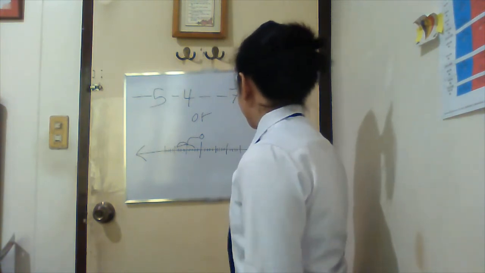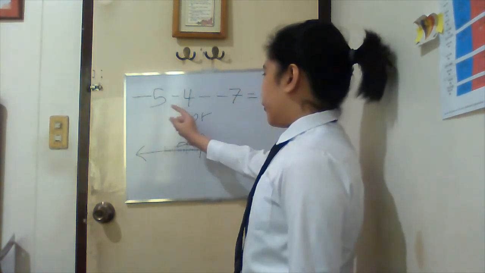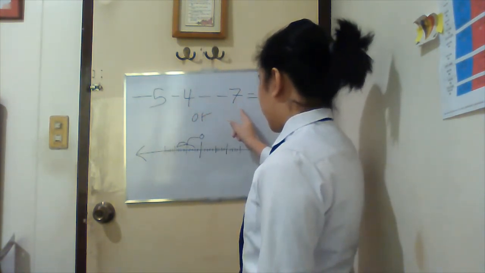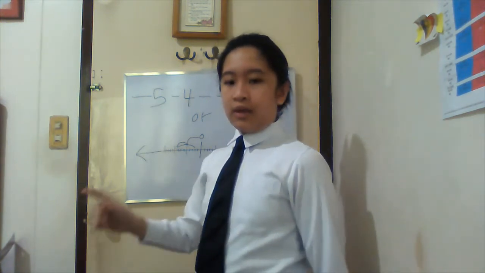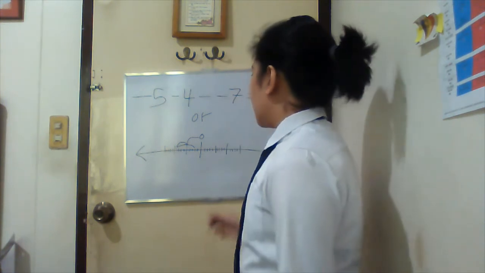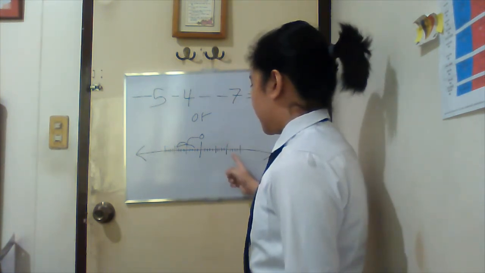And now onto our last example of subtracting integers: -5 minus 4 minus -7. Now this might be more complicated than before, but now let us go to our line technique.